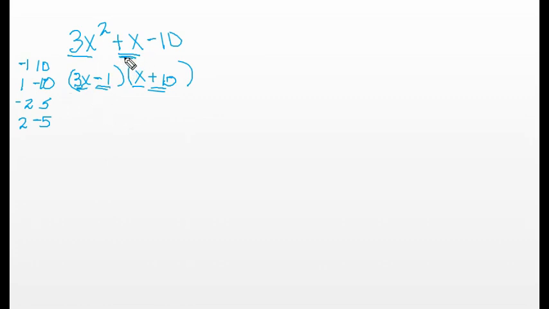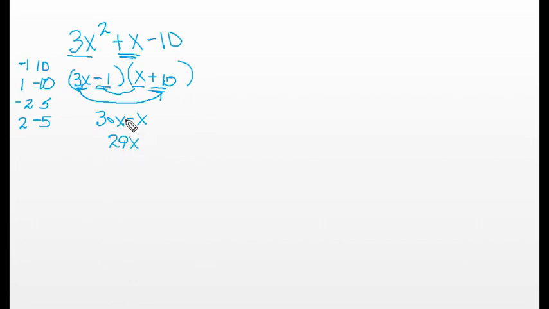So I get that by multiplying the outside terms together and the inside terms together. This is the 3x times 10 gives me that 30x, and the negative 1 times x gives me negative x, and then I combine those like terms and I get 29x.